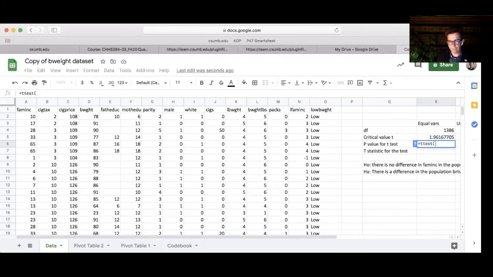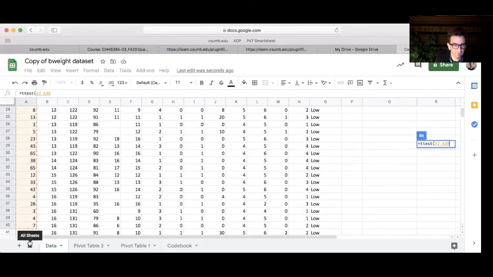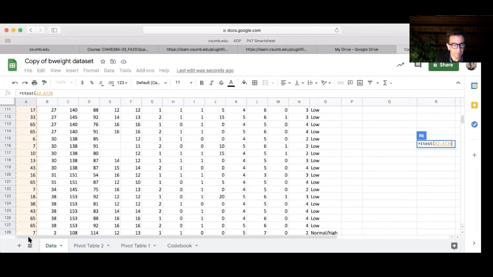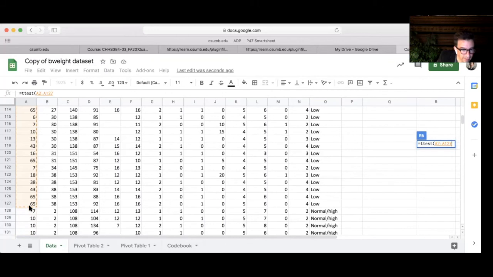Now we have to select the values of the variable for the first group. So this is family income for this first group of low birth weight. So we're going to start selecting them and going down. Remember, there's like 126 of them. So when we get to 126, we should be getting close now. And boom. So up to 127, that's the first group.